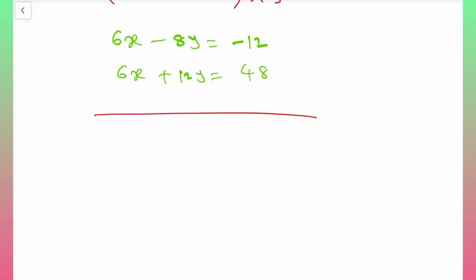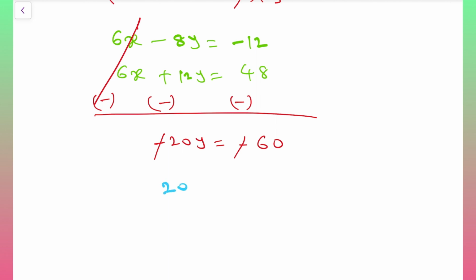If both are the same symbol, then do subtraction. So plus becomes minus, plus becomes minus, plus becomes minus. 6x and 6x cancel. Minus 8y minus 12y is minus 20y, and minus 12 minus 48 is minus 60, and the minus signs cancel. Then we remain with 20y equals 60.